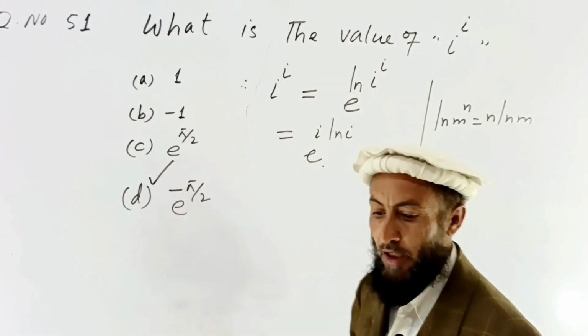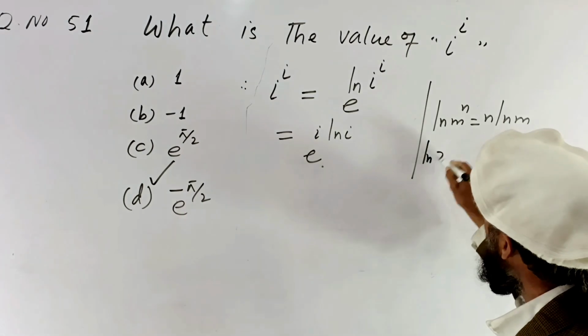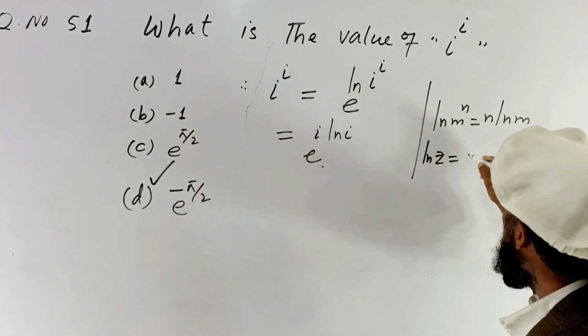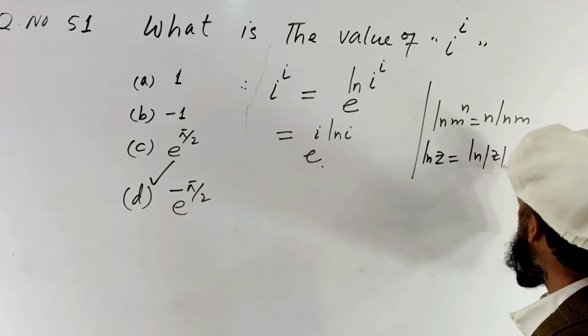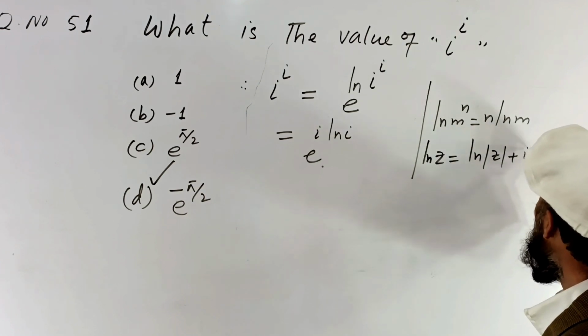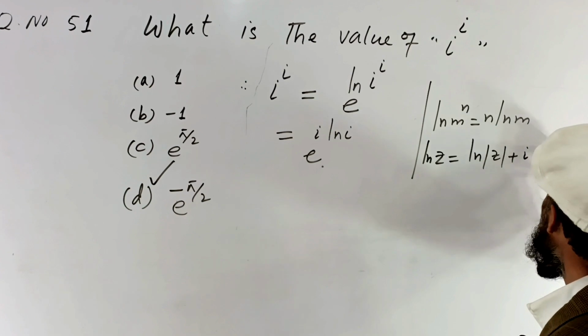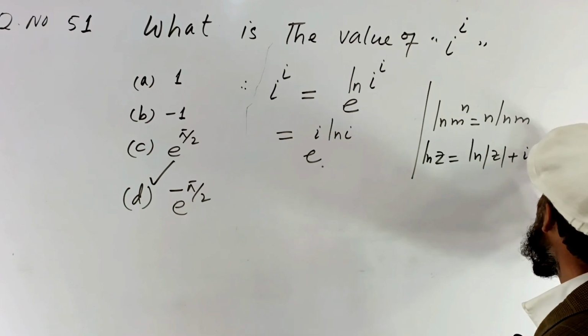Log of z is equal to log of absolute z plus iota argument of z.